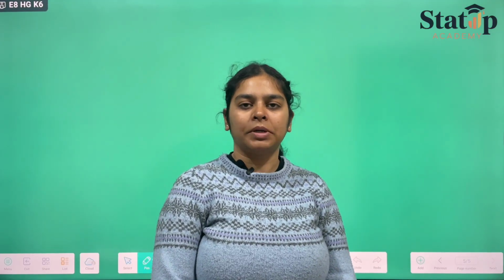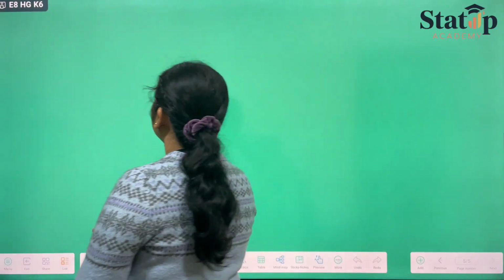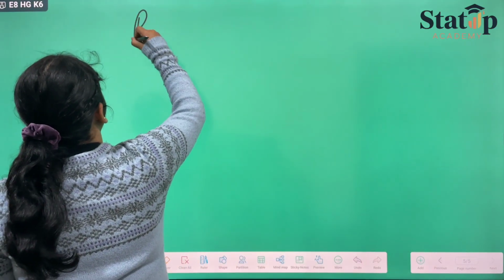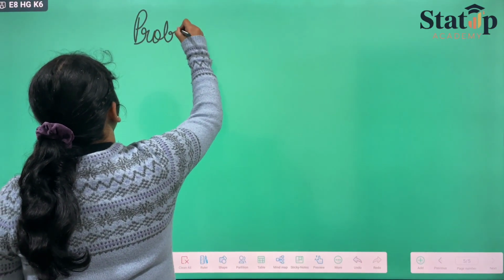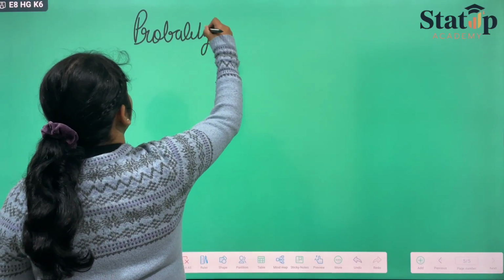In today's lecture, we'll start with a new concept in expectation of probability, and the topic for today's lecture will be probability generating function. Probability generating function is used only when the variable that we have is a discrete variable.